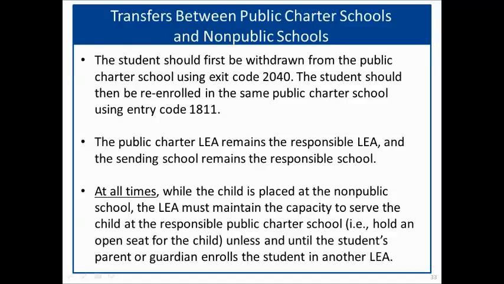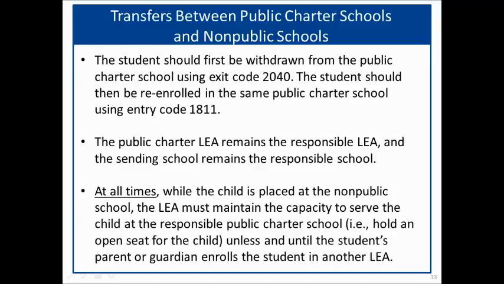I want to make a quick note here about data entry practices when you do your non-public transfers. Please ensure that you're using the accurate exit and entry date for these transfers, right? A student wouldn't exit your LEA or your school and then also enter the new non-public school on the same day.